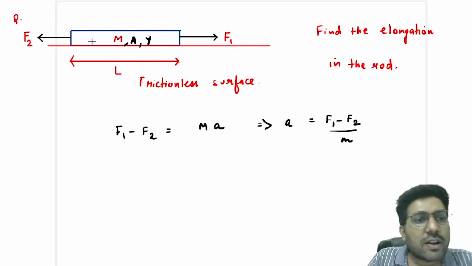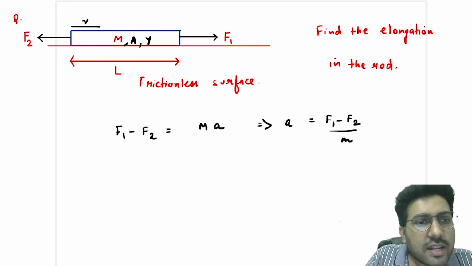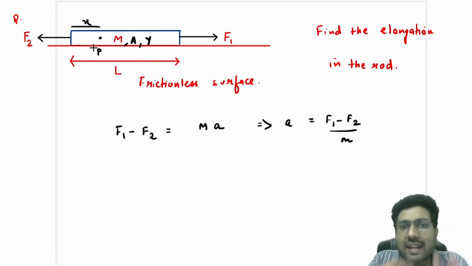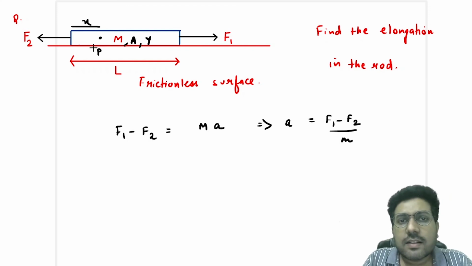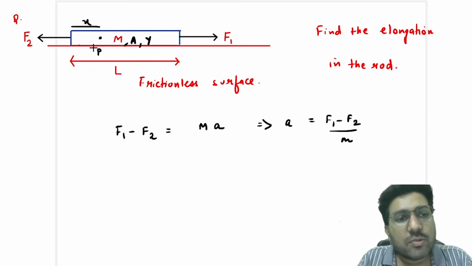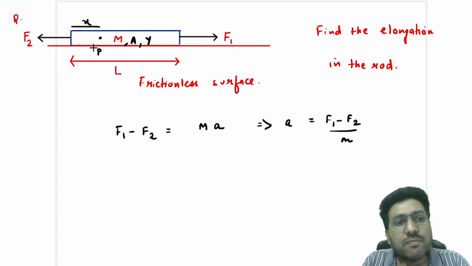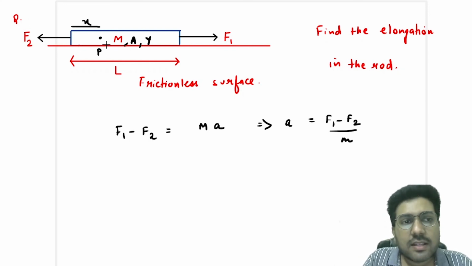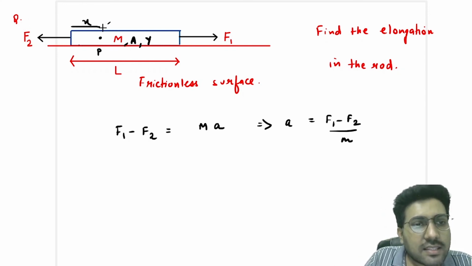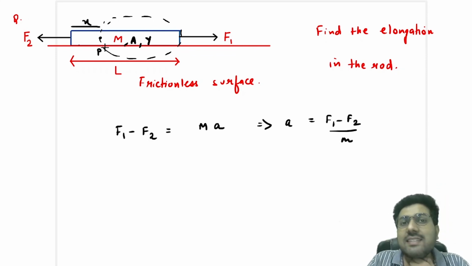Now suppose we want to find the tension at any point, suppose this point P, at a distance x. We have studied in Newton's law that if you want to find a tension at that point, you have to take a system or draw an FBD which has the boundary as that point. So let us take this system, where P is the boundary.